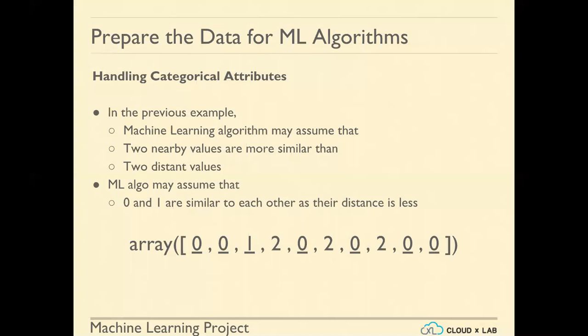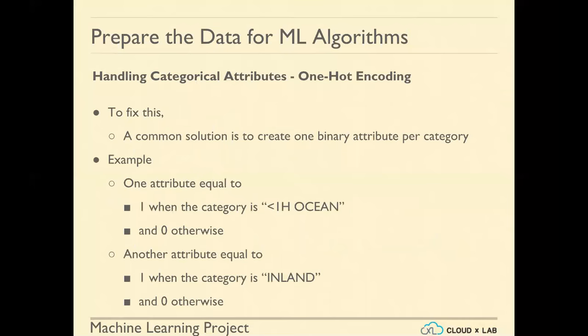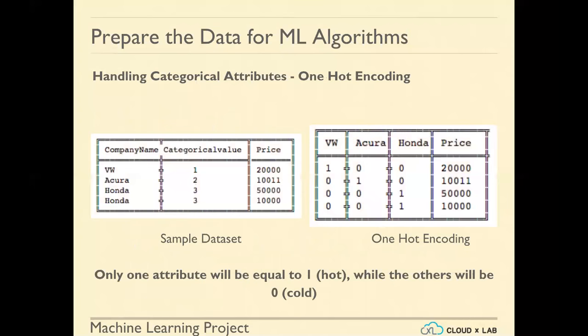So what we do in these cases is we use something called one-hot encoding. What one-hot encoding does is it converts it into columns. So let's say there was a column with VW, Acura, Honda, and Honda. Let's say this was our column.